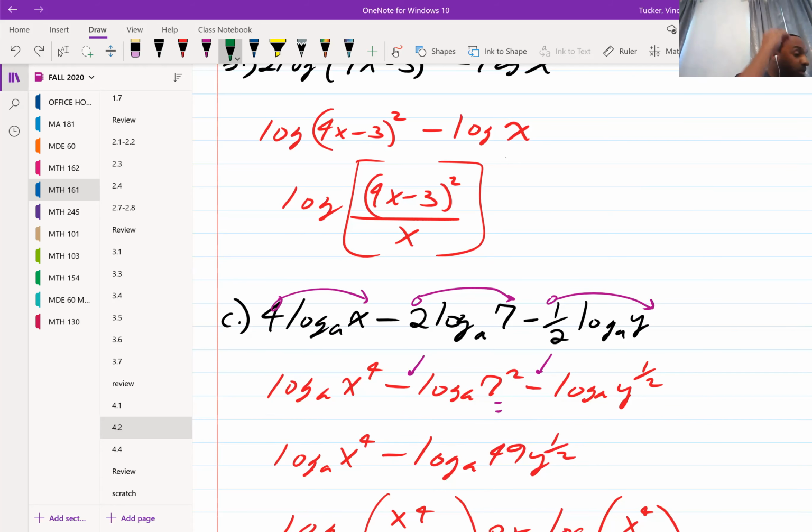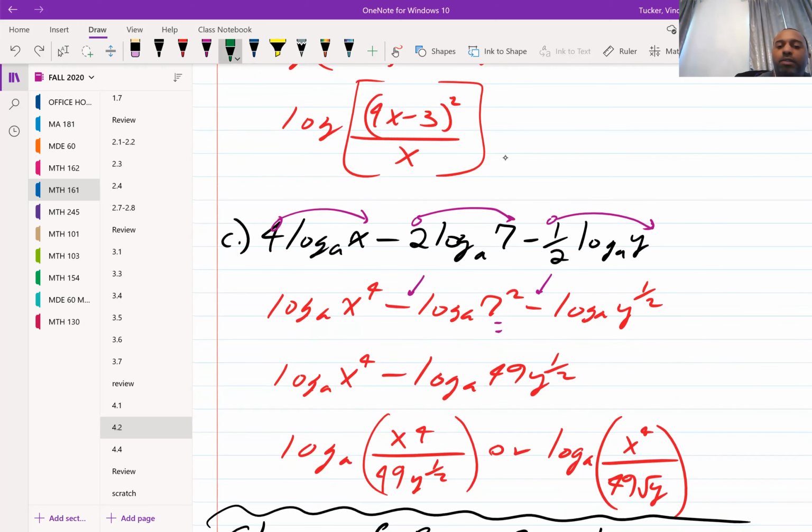All right, so make sure we're okay with that. All right, and now that we have subtraction, we can just go ahead and write it as division.